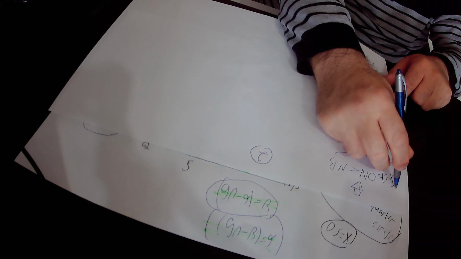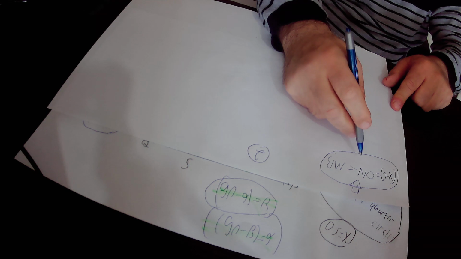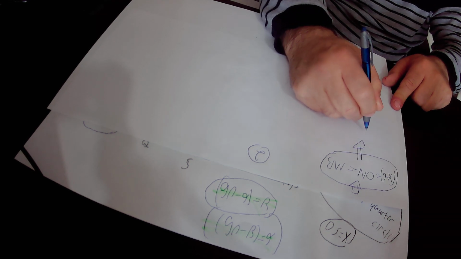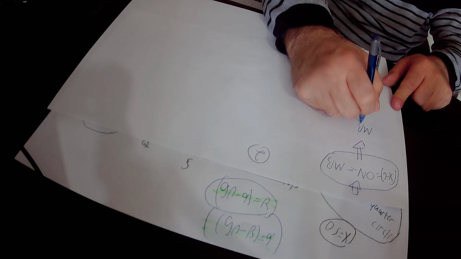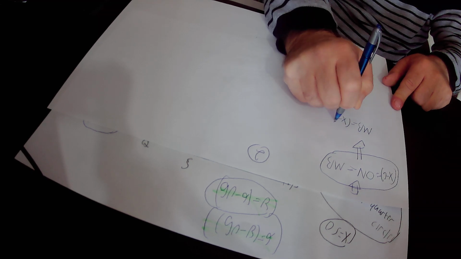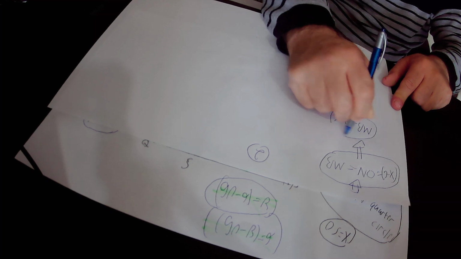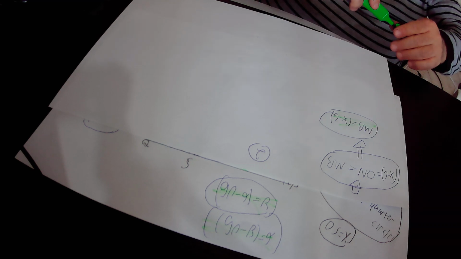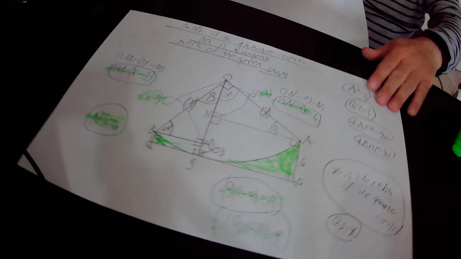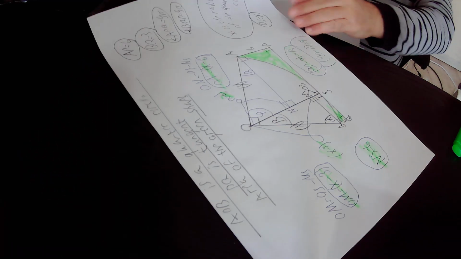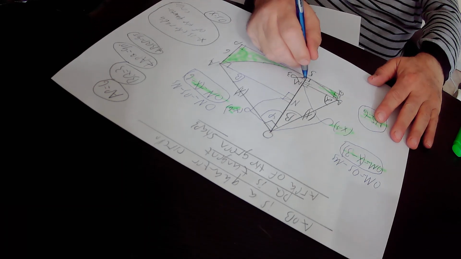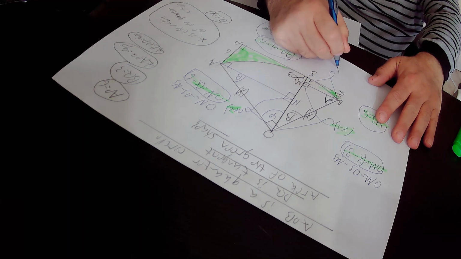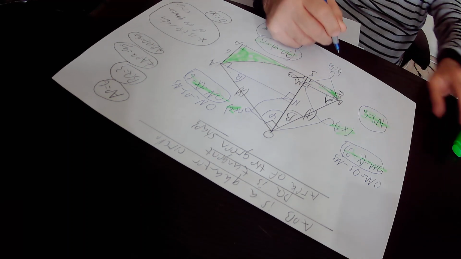And from this equation, x minus 6 equals ON equals MB, we derive that side MB is also equal to x minus 6 units in its length. So we can write down in the original drawing that side MB equals x minus 6 units in its length.